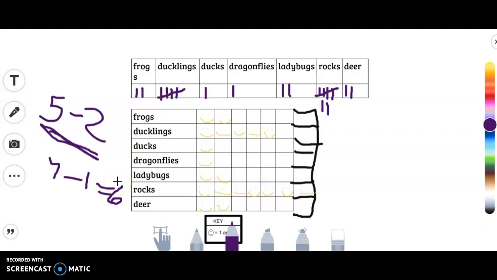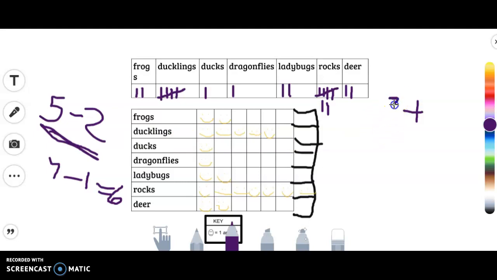Last type of question I'm going to ask you. This one wants you to combine them. When you combine numbers, you're going to add them. When we combine, we add. So, how many frogs and ducklings combined?